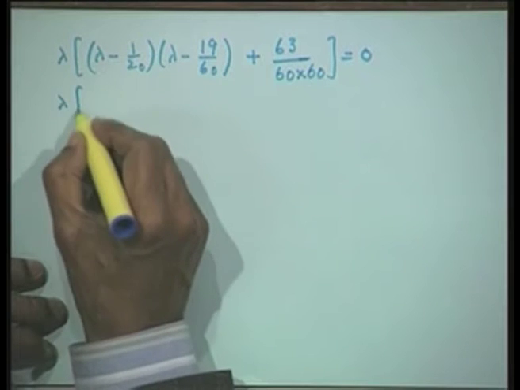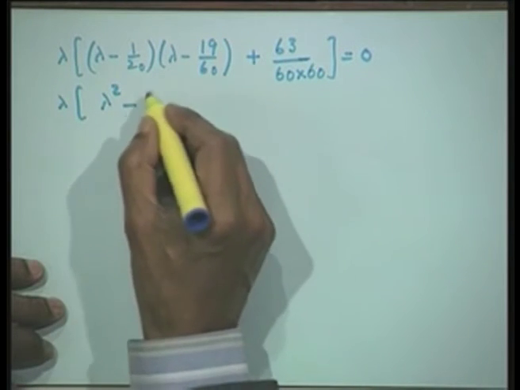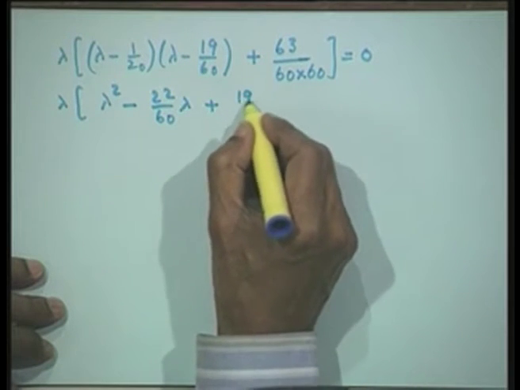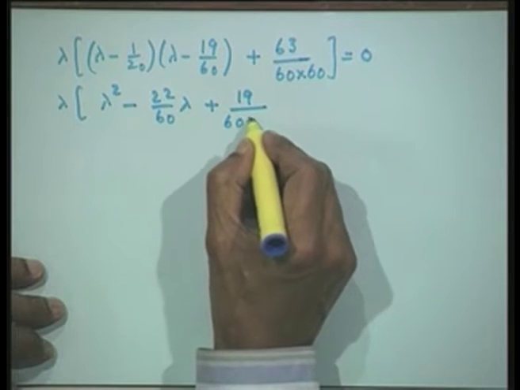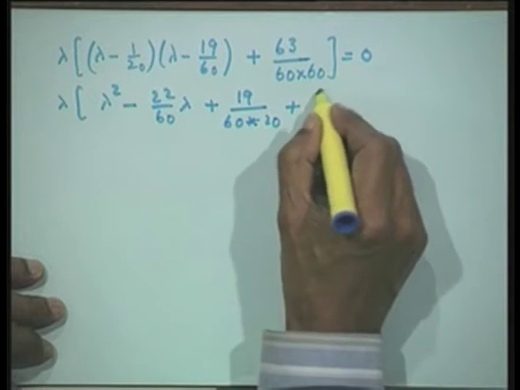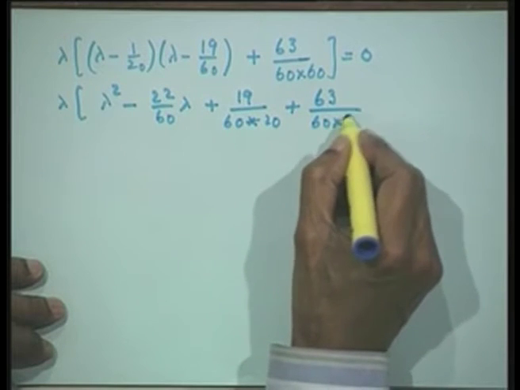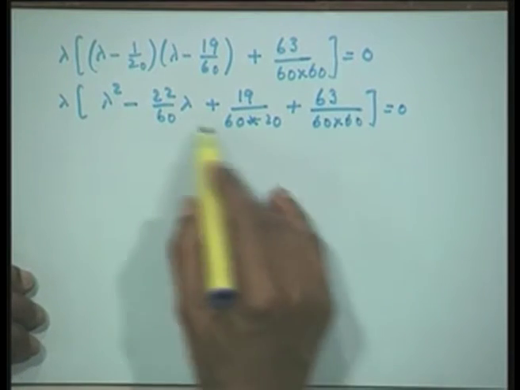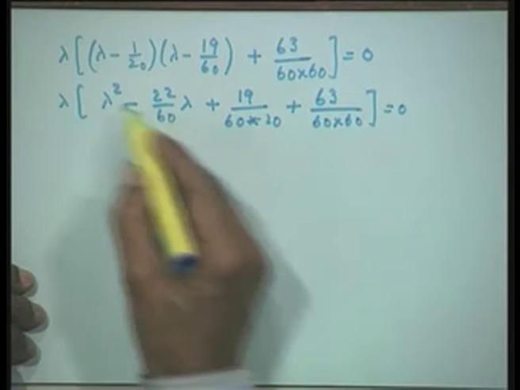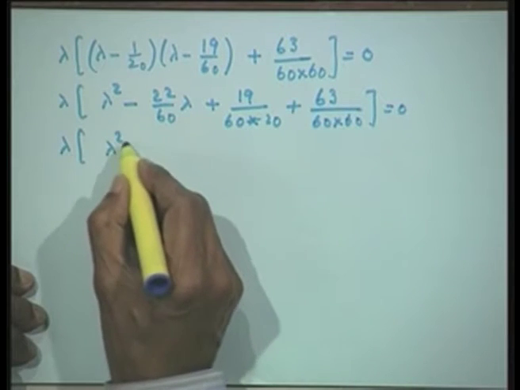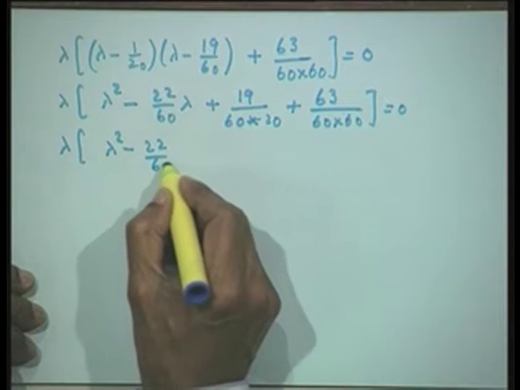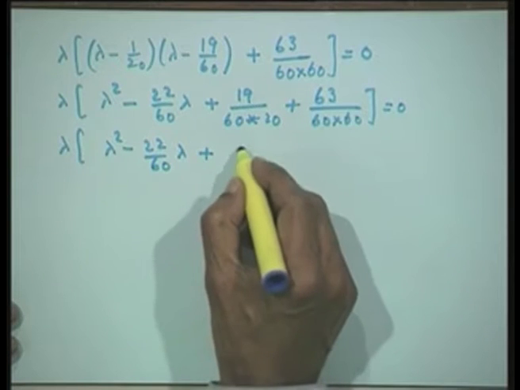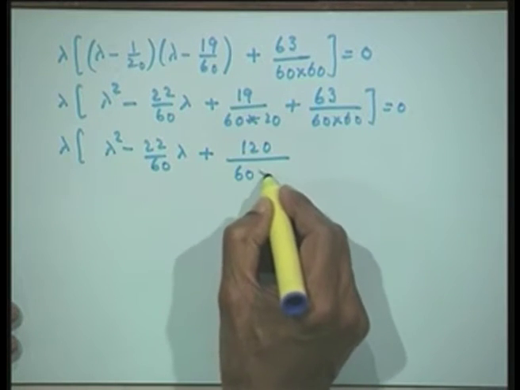So, let us simplify the interior, that is lambda squared minus 22 by 60 lambda, plus 19 by 60 into 20, 63 by 60 into 60. In almost all cases these things do simplify a lot before we write the general form. So, we can write this as lambda squared minus 22 by 60 into lambda, I multiply this by 3, that is equal to 57 into 6 plus 63, that is 120, divided by 60 into 60.